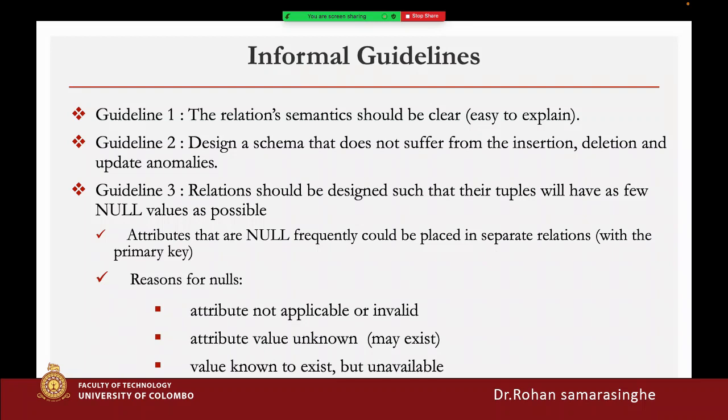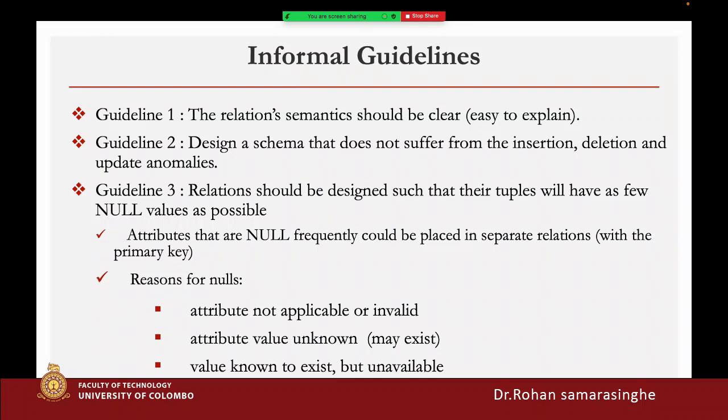The attributes that are null frequently could be placed in a separate relation with the primary key. You know that multi-valued attributes may have null values or not-null values, and you can place them in a different, separate relation.